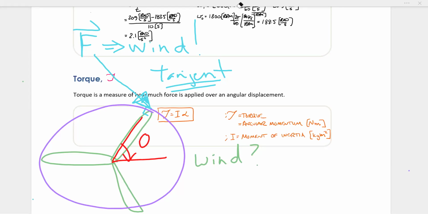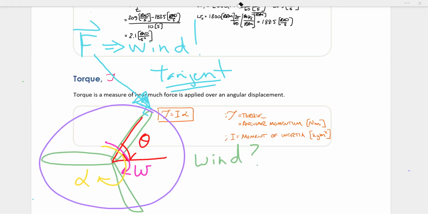It's going to turn an angle. It's going to turn that angle at a rate over time called omega. And that rate of change is going to be changing over time, which is called angular acceleration, alpha.